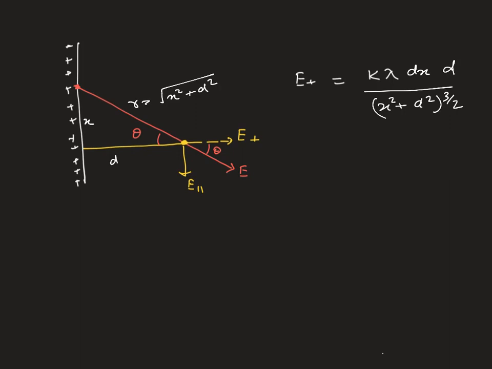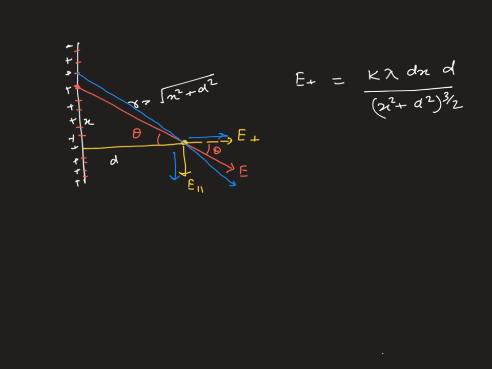Now how do we solve it? Please take into consideration that all these small charges that are here, each one of them will have a field. Let me draw this in blue, something like this, and each one of them will have a perpendicular component and a parallel component. So in order to find the perpendicular component, we simply integrate the perpendicular components, or in simple terms, we add them.